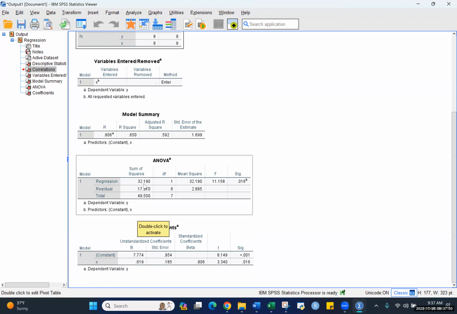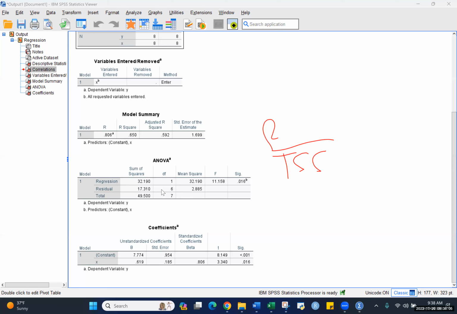And then this is the total sums of squares, this is the residual sums of squares, and this is the regression sums of squares. And so remember, we learned how to calculate R squared as the regression sums of squares divided by the total sums of squares. If we plug that in, we get 32.19 over 49.5.